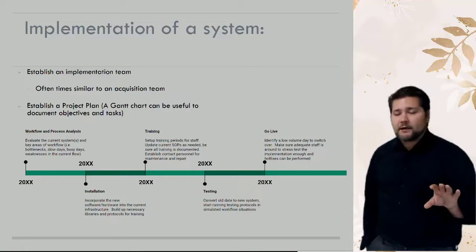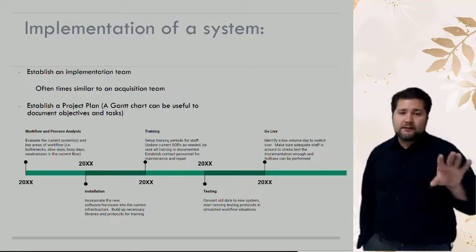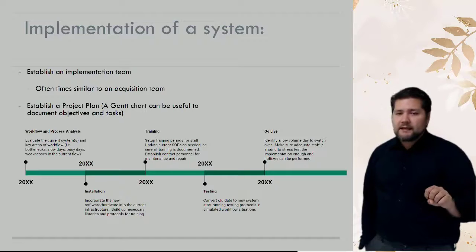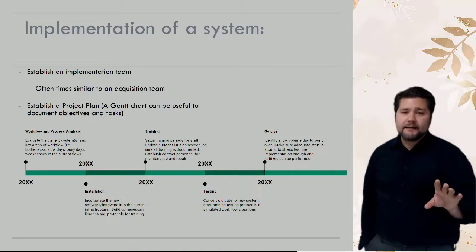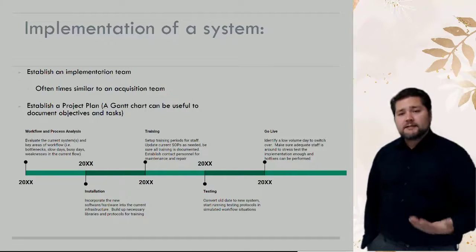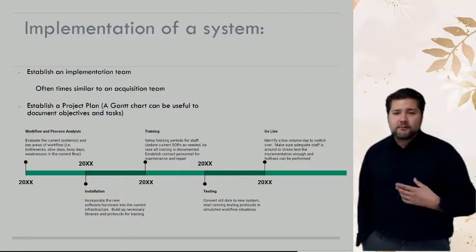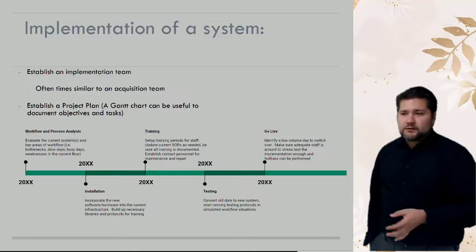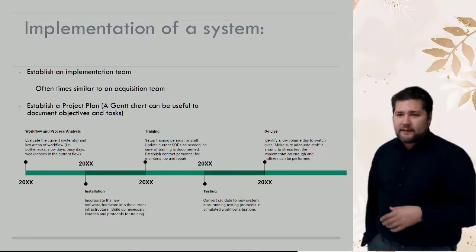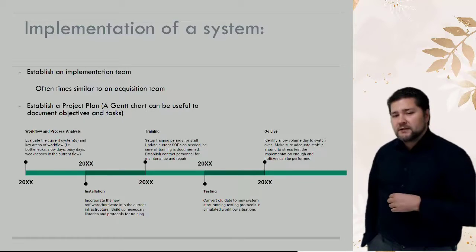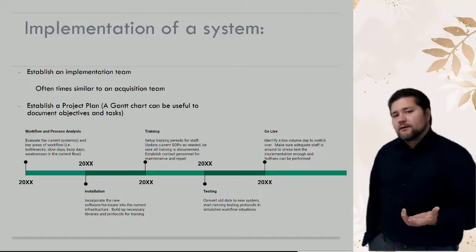So again, the implementation team or acquisition team is going to look at all that and start planning, because the next step is we want to install the software. So we're going to install our Copath system on all our computers that are pertinent to its usage. So everything in SurgePath, histology, all the pathologist computers are going to get this software installed. Now it's just going to be kind of a dummy software for the time being.